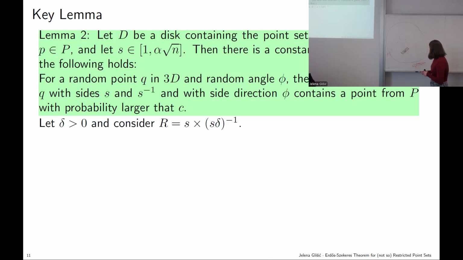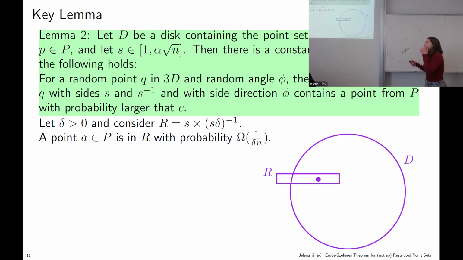And I want to see what is the probability that I have exactly 1 point inside this smaller rectangle. And this will, of course, be a lower bound for the probability that I have at least 1 in this random bigger rectangle. So how do we show what is the probability that we have exactly 1 point in this smaller rectangle?